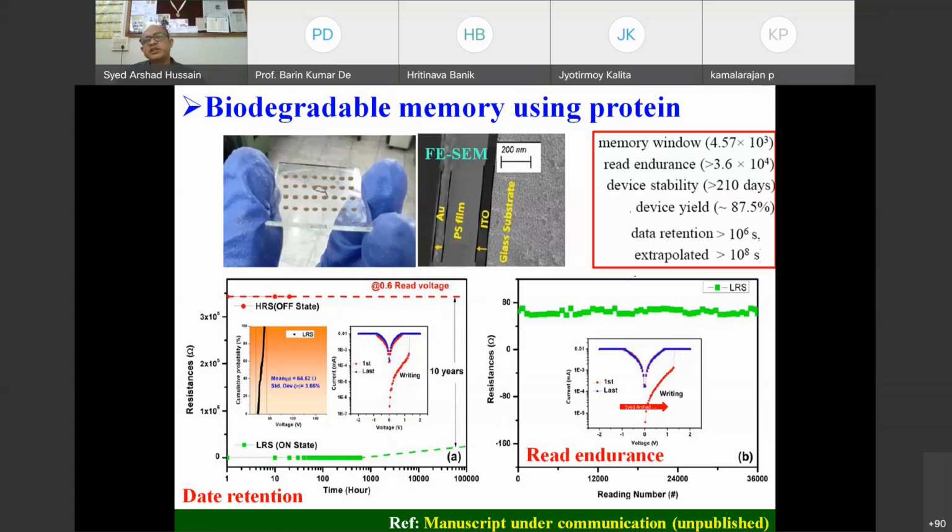Once your application is over, you will dissolve your circuit in some kind of environment friendly solution, maybe water or some other solvents. So here we have seen that our device can dissolve totally in water in 8 minutes. So this is a very promising material for transient electronics also.